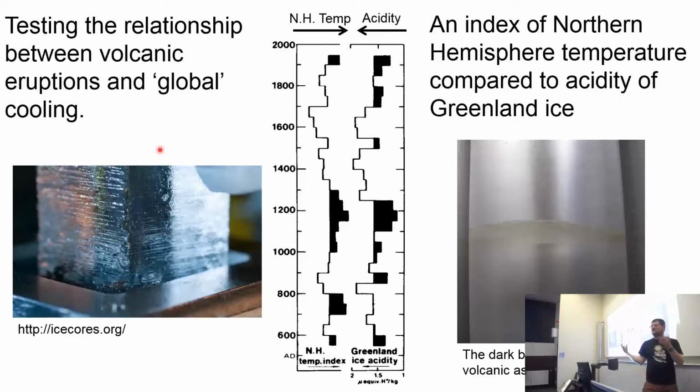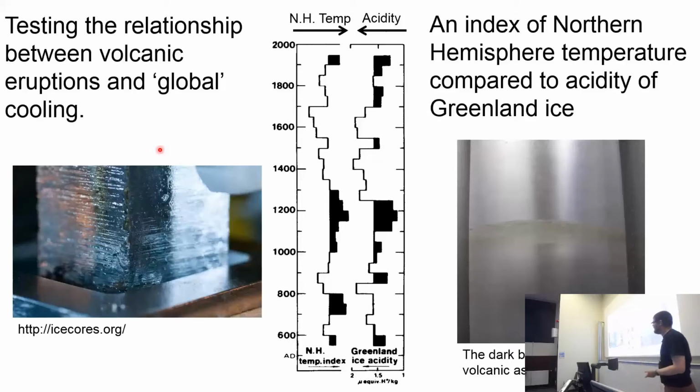So this is how much sulfate aerosol is being deposited on Greenland, and that's a proxy for how much volcanism there is. So an indirect measurement of global volcanism, or at least northern hemisphere volcanism. You can see these regions here, where increasing acidity is that way, so we have more volcanoes going off here, fewer over here.